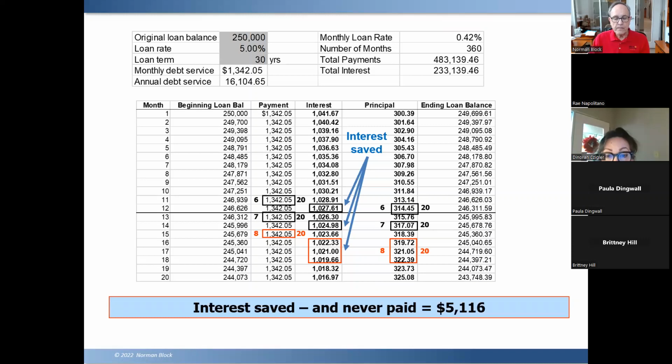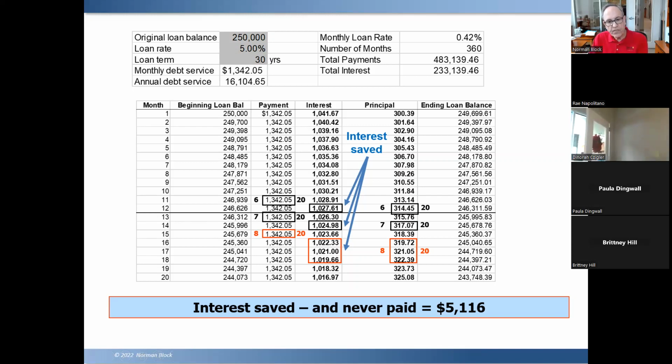So where are we? We've been paying on this mortgage since we've been talking for 3 months. But we have eliminated 1, 2, 3, 4, 5, 6, 7, 8 payments from our mortgage.